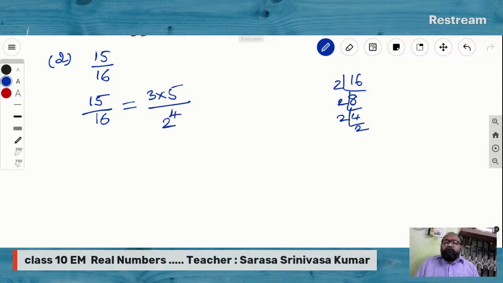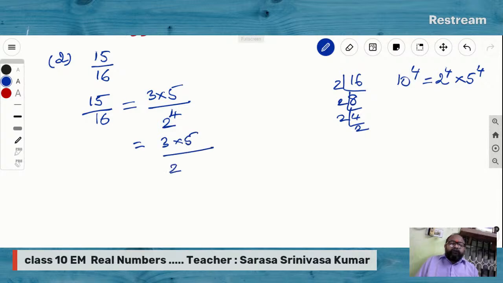Now we want to get the form 10 power 4 in the denominator. So 2 power 4 must be multiplied by 5 power 4. So this is equal to 3 multiplied by 5 by 2 power 4 multiplied by 5 power 4 by 5 power 4.